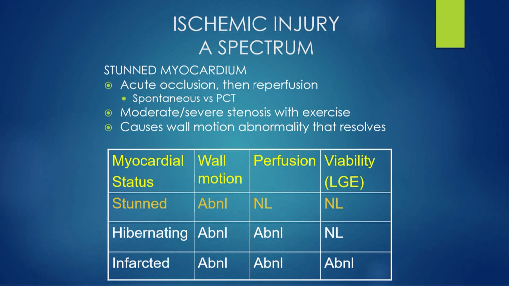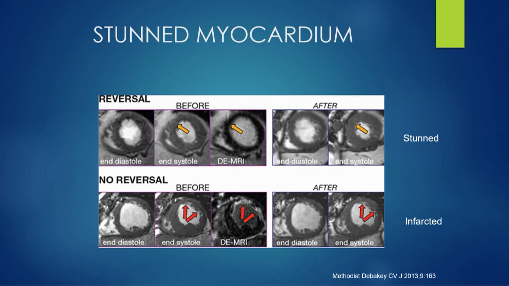So in that case, the wall motion is abnormal, but there's no viability, there's no contrast that gets out of the vessels, and so everything else is normal. Hibernating is generally a downregulation, more chronic. The myocardium's alive, but it's kind of sleeping, and therefore the perfusion and wall motion are abnormal, but the viability is normal. And infarction, everything's abnormal all through it, and that's the situation we deal with.